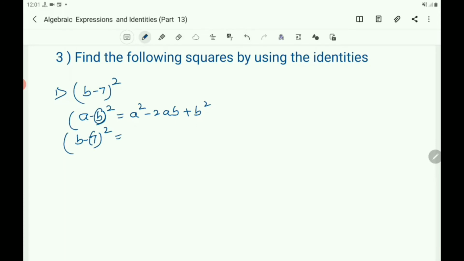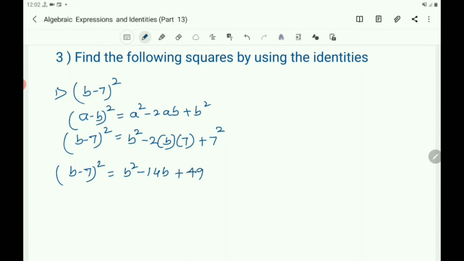In the place of b, 7 is there. So you write b square, the square of the first term, minus 2 into first term into second term, minus 2 into b into 7, plus square of the second term, 7 square. So you got b minus 7 whole square equals b square, 7 2s are minus 14b plus 7 square is 49. b square minus 14b plus 49 you got.